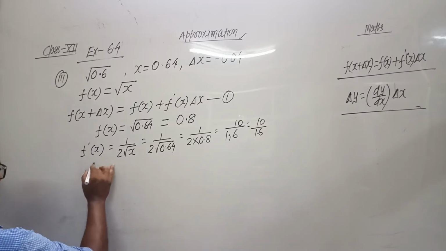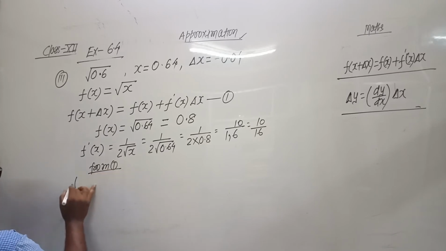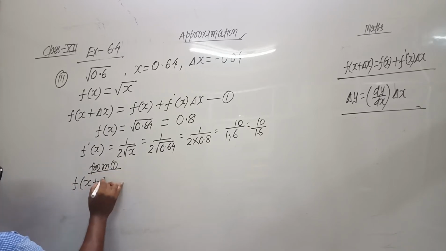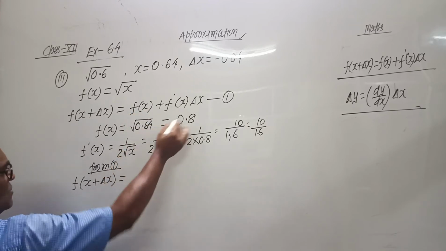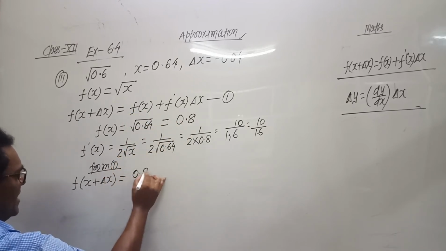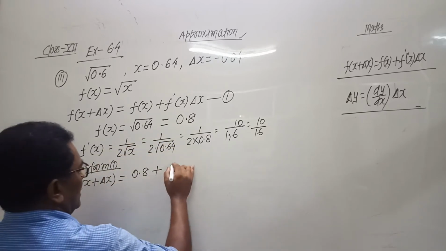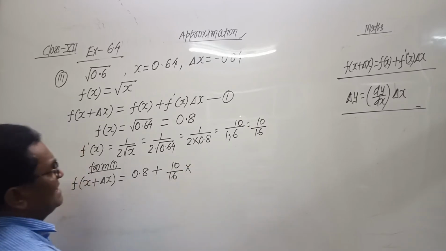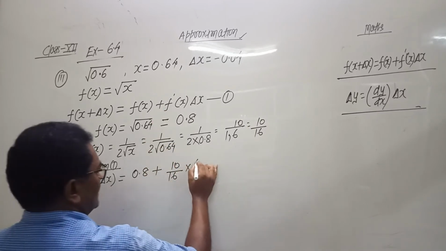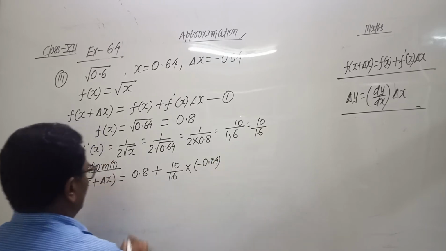Now from the first equation, f(x + delta x) equals to f(x) plus f dash x into delta x. The value of f(x) is 0.8 plus f dash x is 10 by 16, and delta x is minus 0.04.